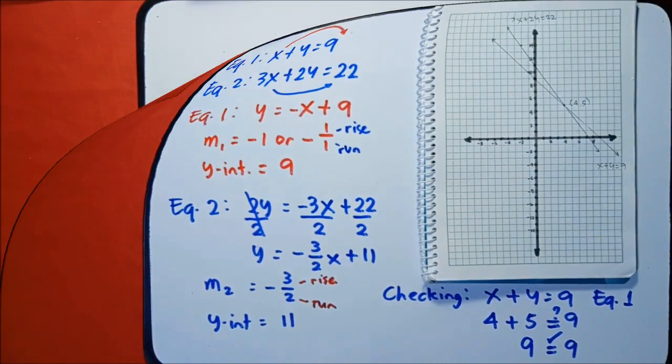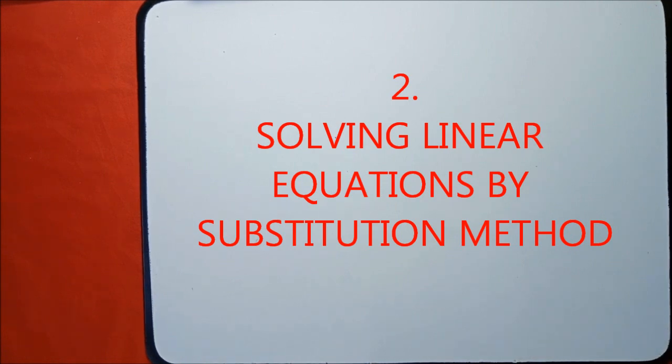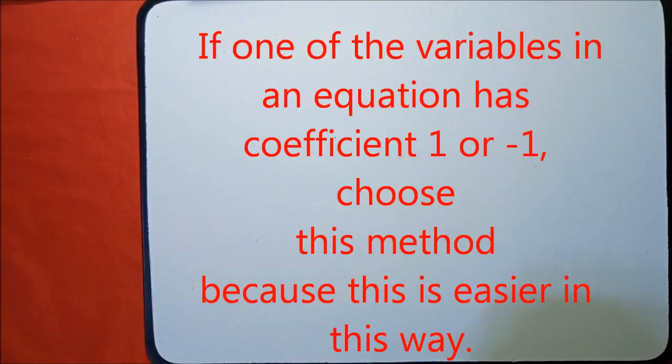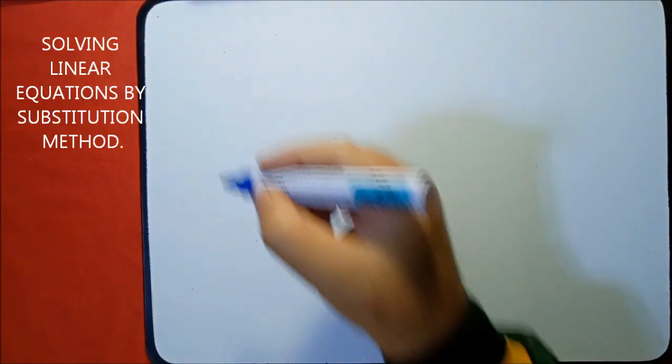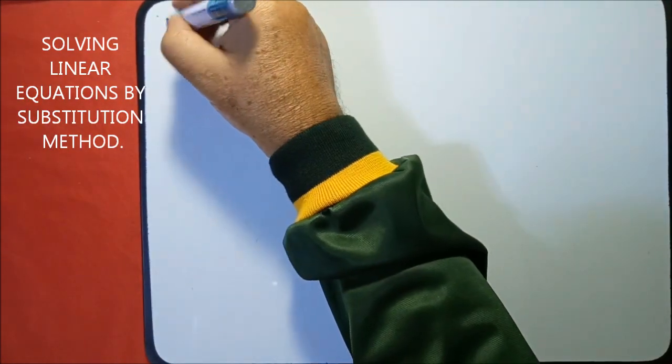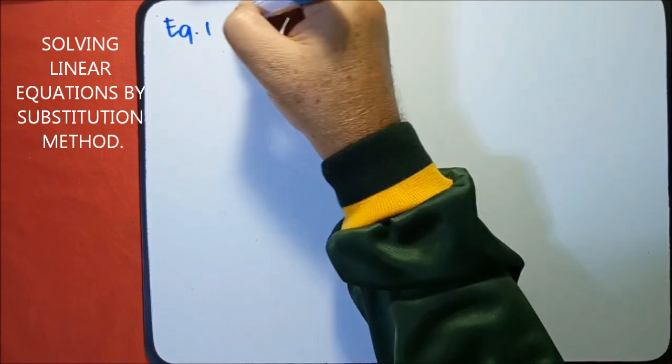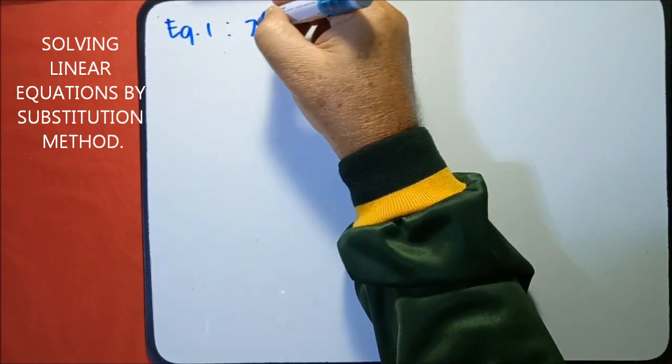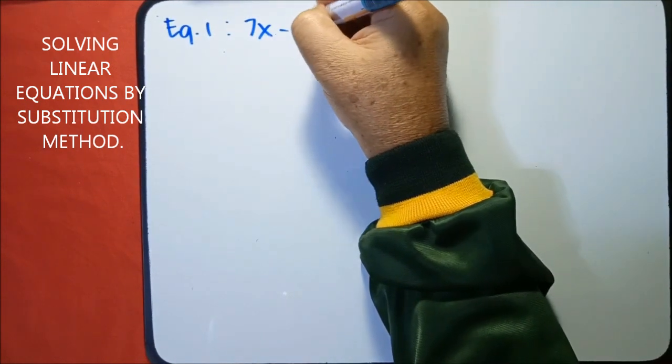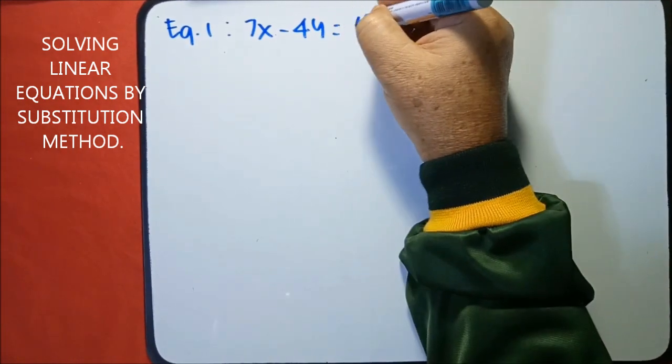Okay, we may proceed to the substitution method. Actually, the substitution method is usually easier if an equation has one variable that has a coefficient of 1 or negative 1. For example, equation 1 is 7x minus 4y is equal to 5.